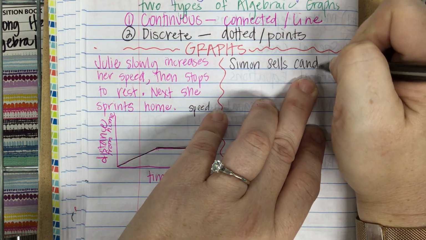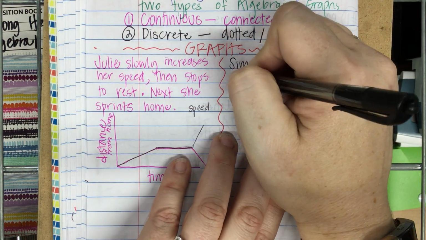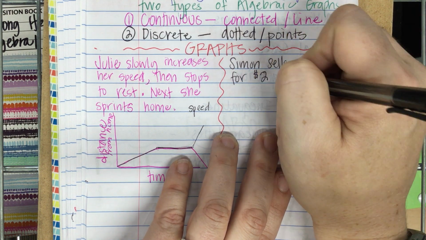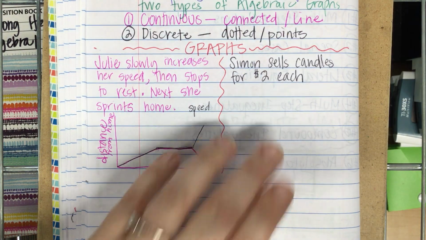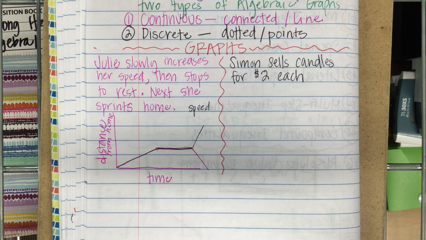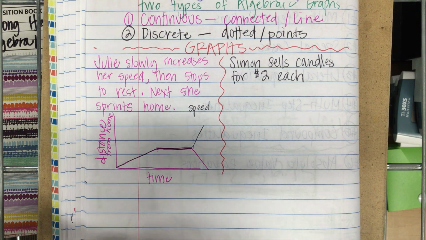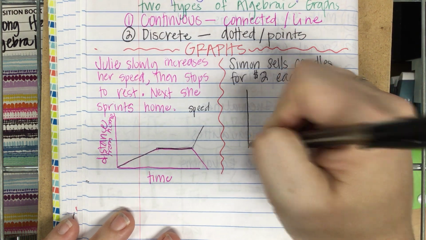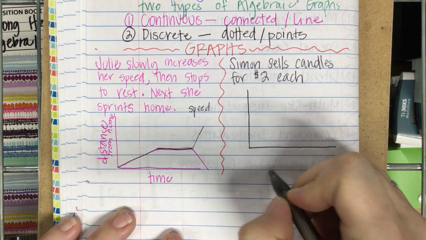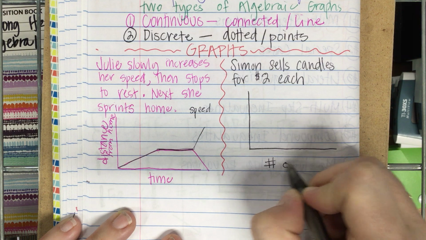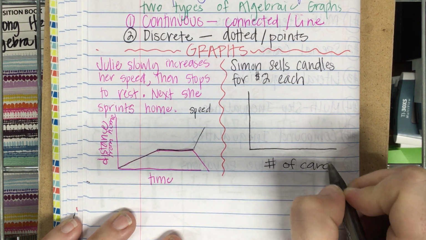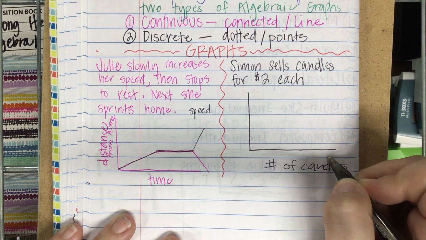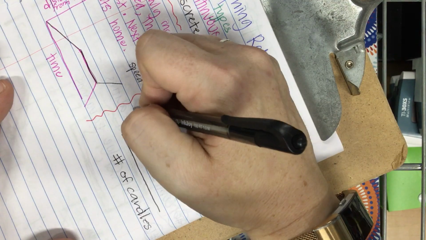Simon sells candles for $2 each. So if I wanted to make a graph to show the money that Simon is making, I would have my number of candles and I would have my money.